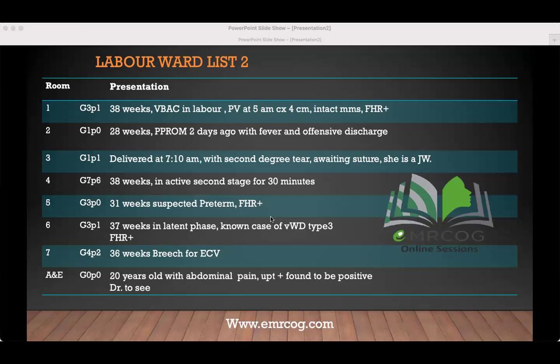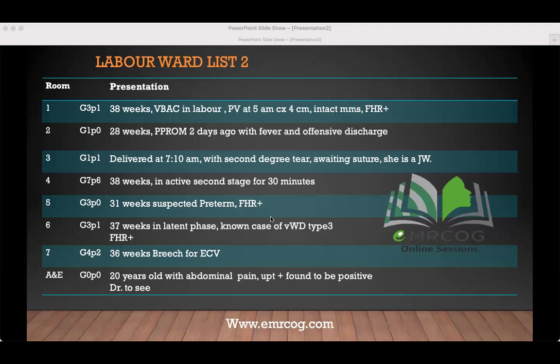And here room number 7, the patient is 36 weeks breech for external cephalic version. So this is a non-urgent case. For this patient, I would like to review the scan report to see the placental location. Okay.